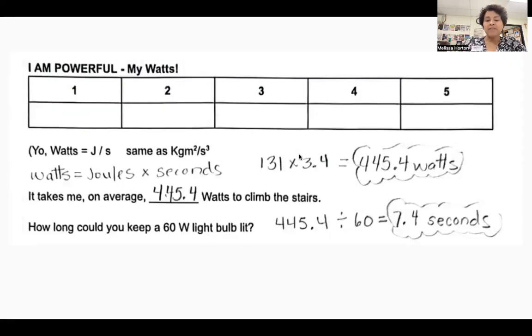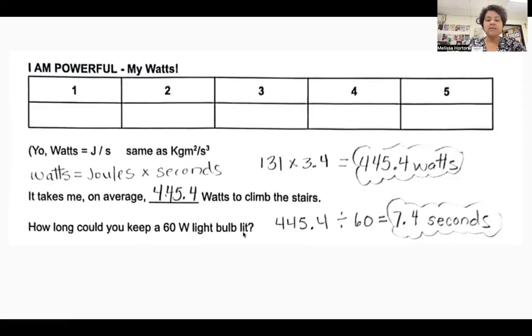On the back, this was an opportunity to do more practice, but basically to find the watts, you have the joules times the seconds. So we had 131 joules times 3.4 seconds, which is what the answer is here. Yours will be a little different.